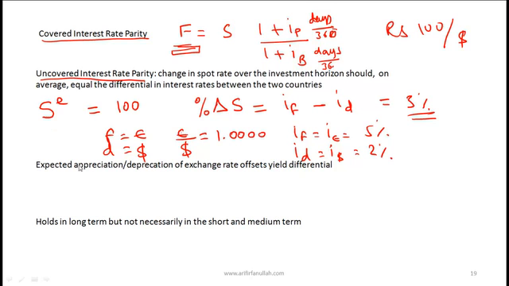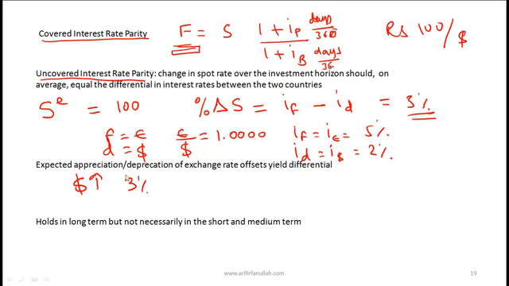So another way of looking at this is that the expected appreciation or depreciation of exchange rate basically offsets yield differentials. So continuing with this simple euro dollar example, we have a situation where what we are expecting, given the difference in interest rates and given uncovered interest rate parity, is that the dollar will strengthen, and we are expecting the dollar to strengthen by 3%.